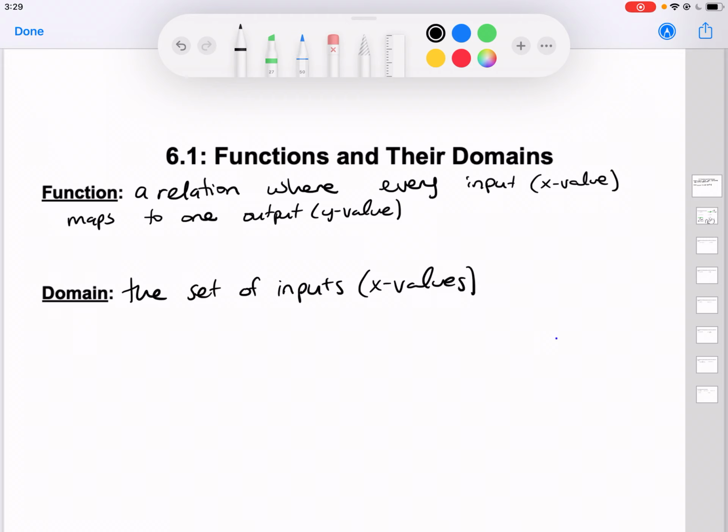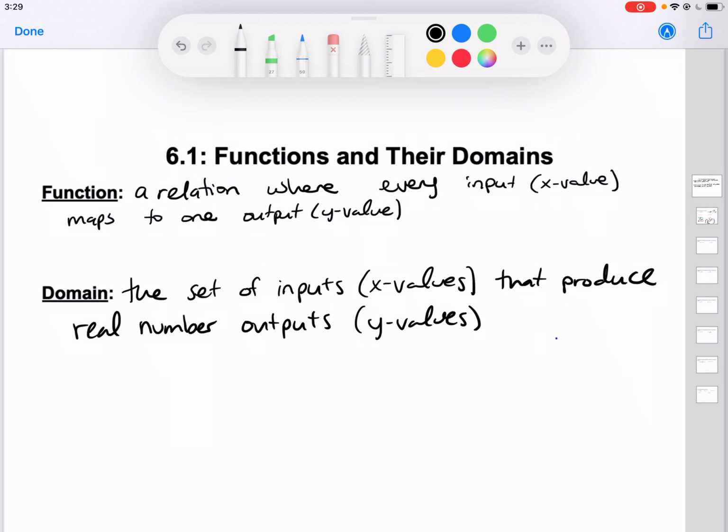So it's all the x's that produce real number outputs. So y values. Okay, so just in case you're wondering what would not be a real number.